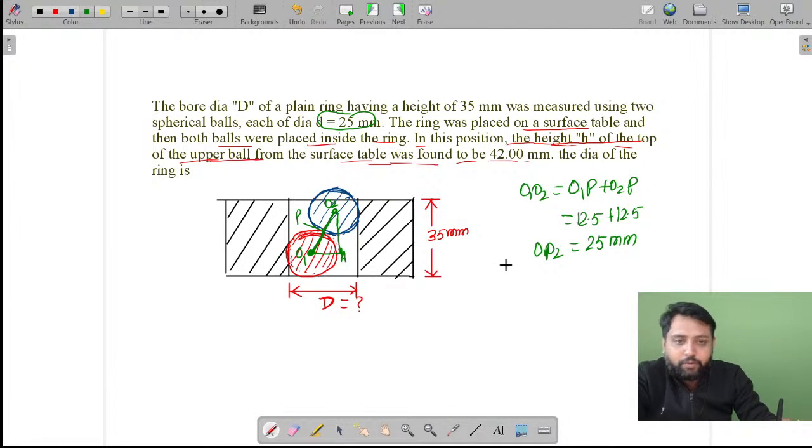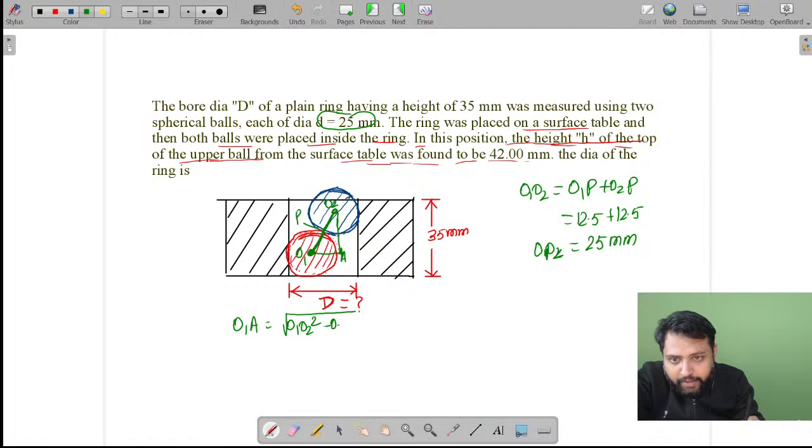Once you have O1O2 as 25 mm, what you can calculate further is O1A. O1A will be equal to square root of O1O2 square minus O2A square, that is square root of 25 square minus O2A square.